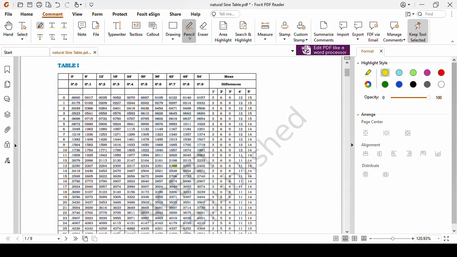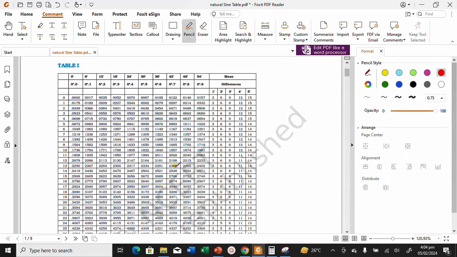Now we have this, which is 0.2368, and this is 42 minutes. That is 13 degrees 42 minutes. So now, here you have this one as 1 minute.